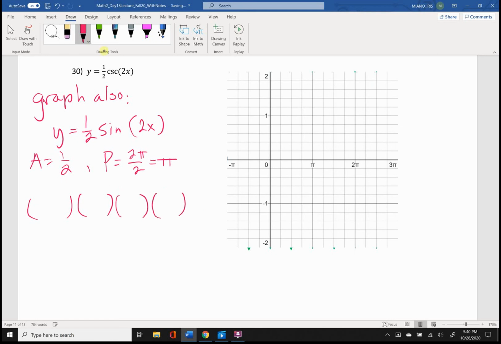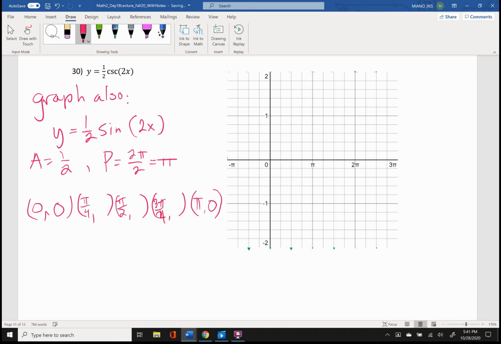Okay, so we have no vertical or horizontal shifting, so we know we're going to start at 0, 0. And the fact that we now have a period of pi, we're going to end at pi, 0. And then the in-between parts are going to be at pi over 4, pi over 2, 3 pi over 4, because remember all of these little points need to be the same distance apart.